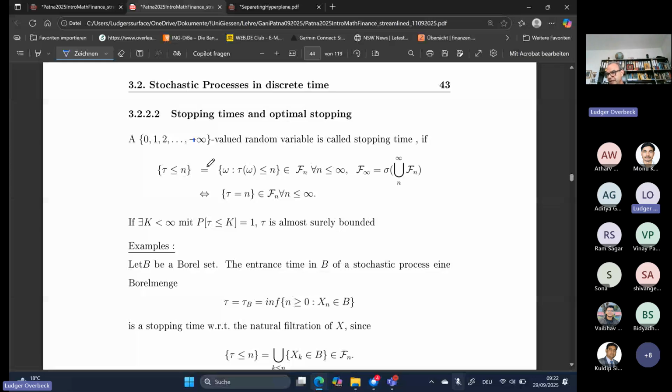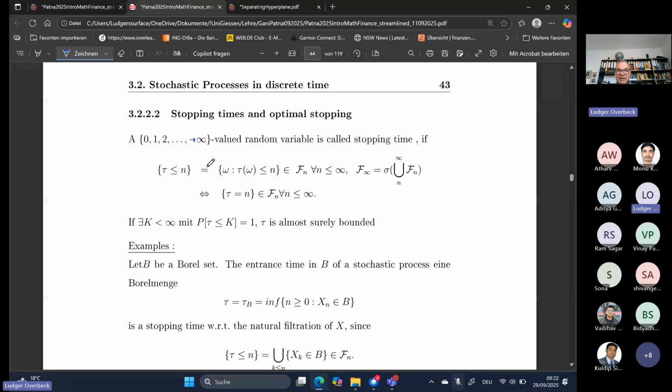Now, a typical stopping time associated to the natural filtration of a stochastic process is what's called the first exit time. In order to be safe, I say, okay, I do not want to make most of the money I might get. I just say, okay, if I earn 100 euros, I stop.